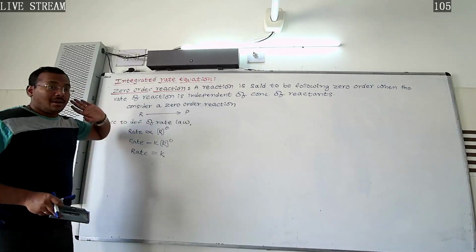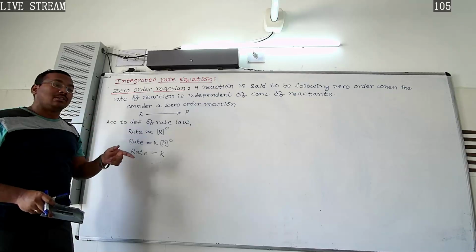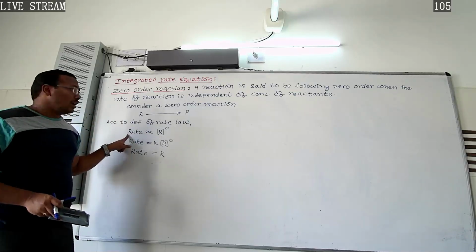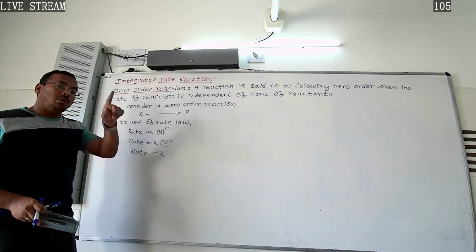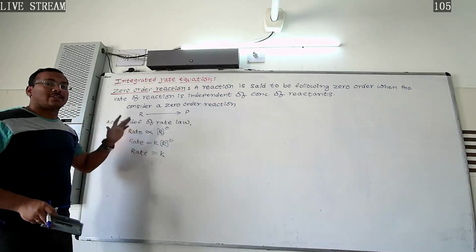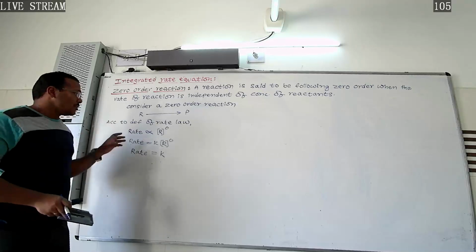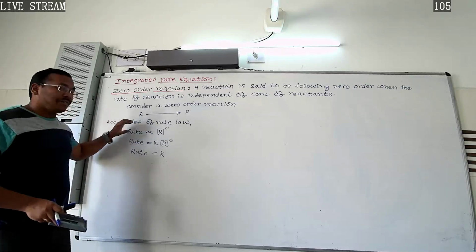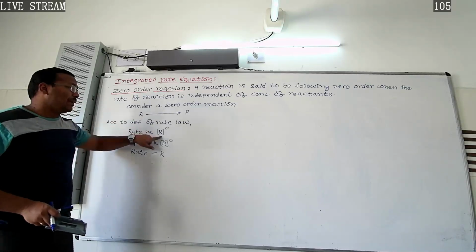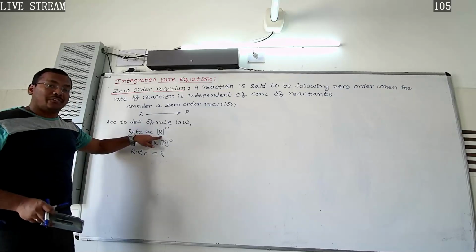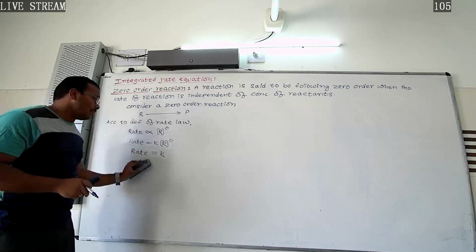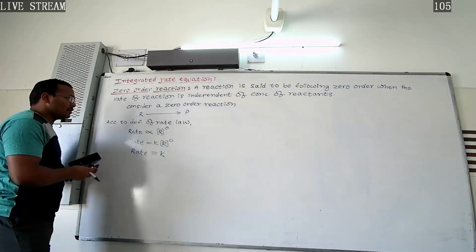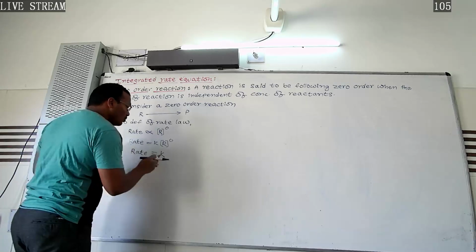But some reactions will be such that the rate of reaction does not depend on concentration of reactant, and those reactions we call zero order reactions. Understood? So the reactions for which rate is independent of concentration of reactant, such reactions are called zero order reactions. Yes, this is equation number 1.